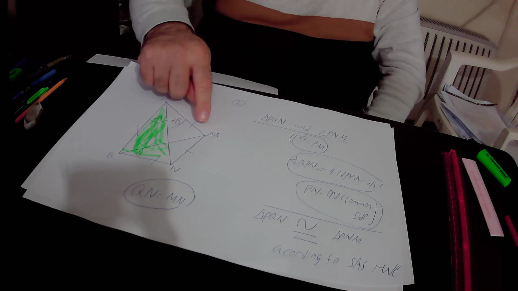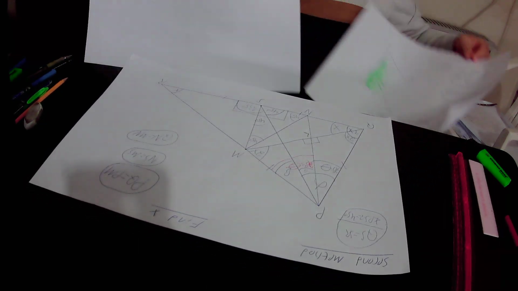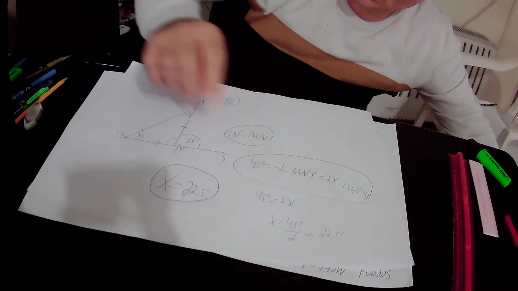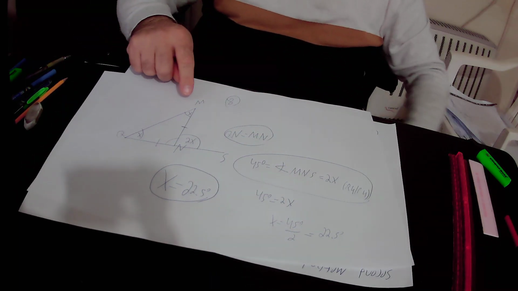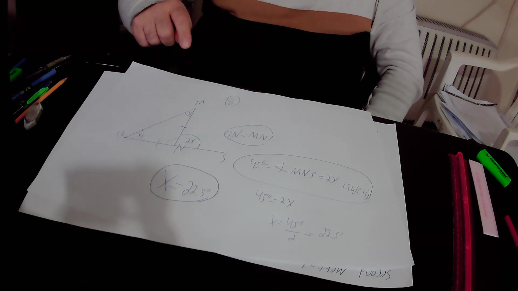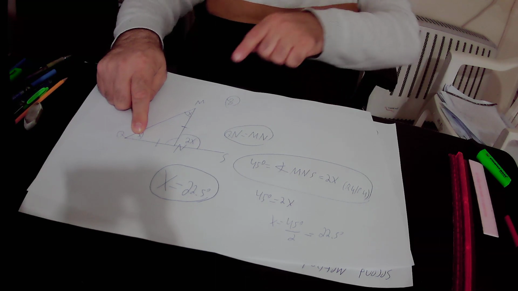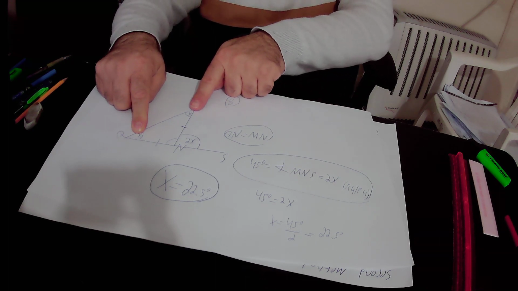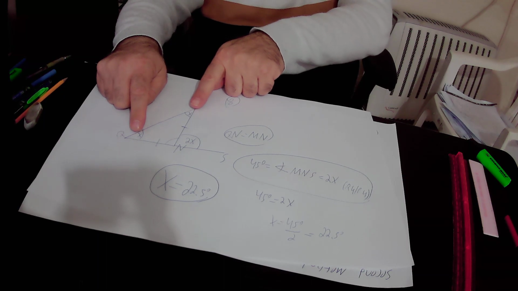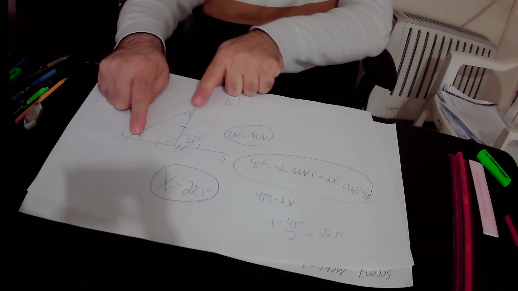So I draw triangle MNQ again, and we got here triangle MNQ. We know that MN equals QN, but we know that this angle equals x. So this angle must also be equal to x, because opposite equal sides in the triangle there are equal angles. So if this angle is equal to x, this angle must also be equal to x.